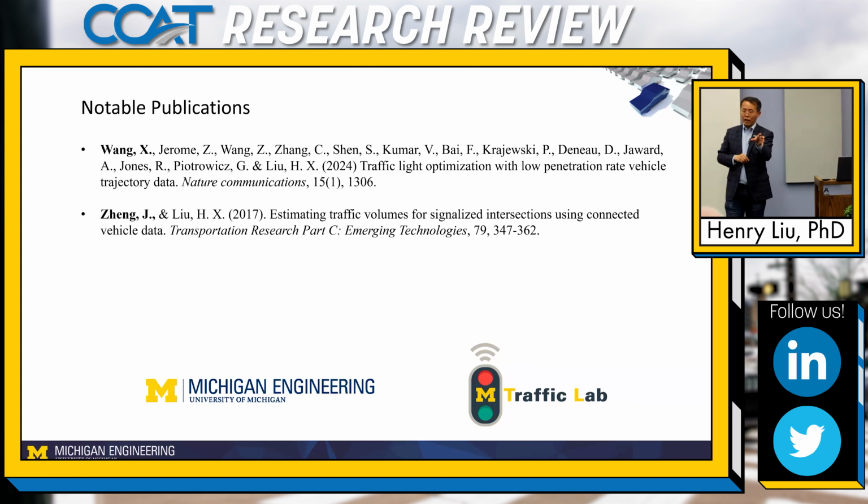But if you have detector data and there's just one vehicle, the detector can be actuated. You have a vehicle stopped over there, you need to give a green light within the cycle so that you can release that vehicle quicker. You don't have to wait until the next cycle to release the vehicle.